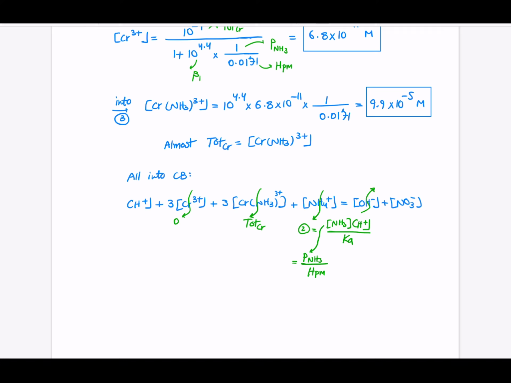Hydroxide, this is Kw over H plus. And nitrate, we know this is basically 3 times the concentration of the salt.